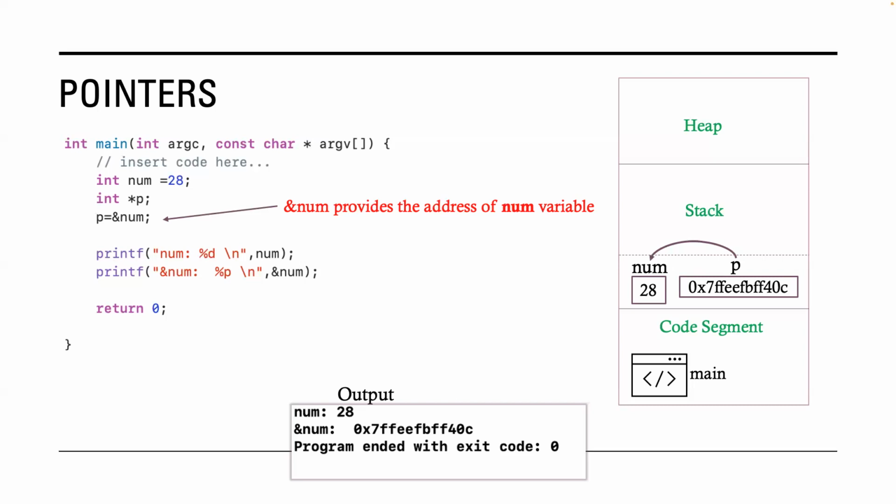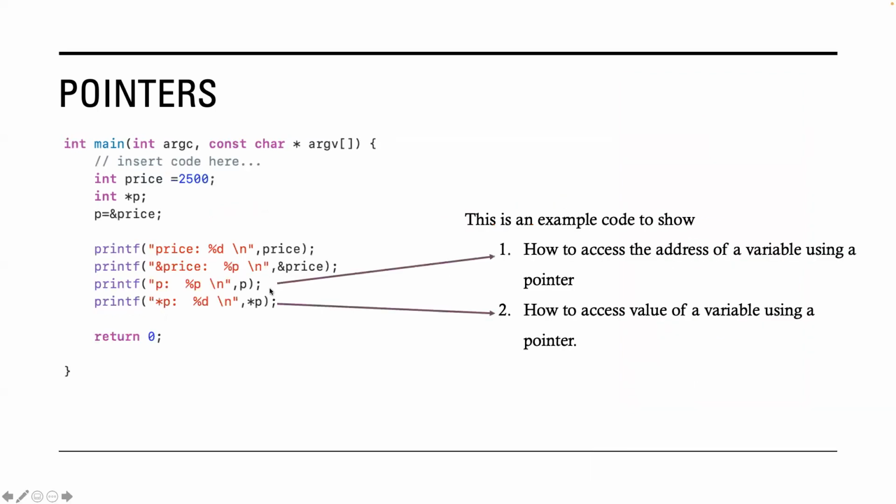Okay, so in addition to printing the variable value and the address of the variable, here I'm printing the value of the pointer and also the value of the variable.